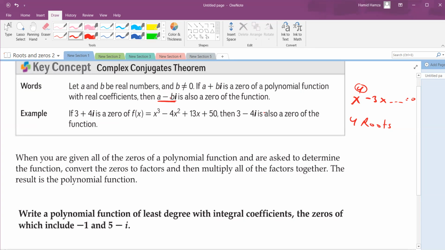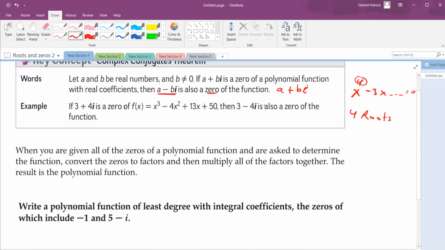So if a minus bi, which is a complex number, is a root or zero for a function, you know that roots are for an equation and zeros are for a function. All of them are the same thing. Then a plus bi, its conjugate, will also be a root for the equation, or zero for the function.